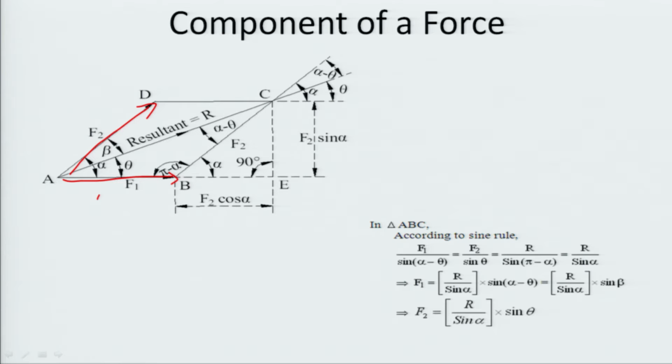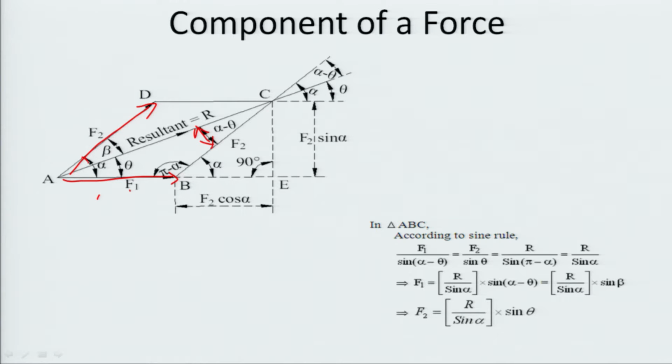With the help of the sine rule, in triangle ABC, we can apply the sine rule. What will we get? F1 divided by the sine of this angle. What will be the value of this angle? Alpha minus theta. How?